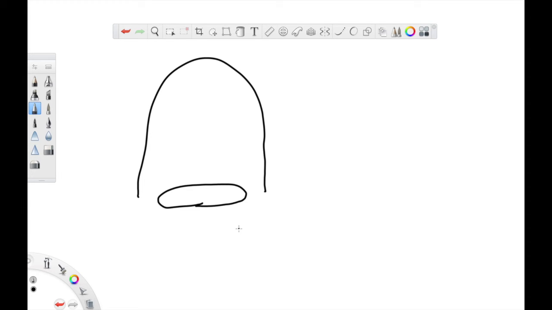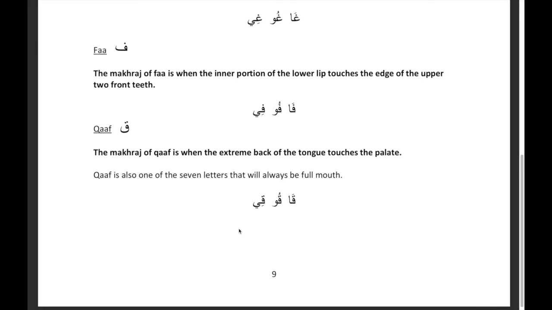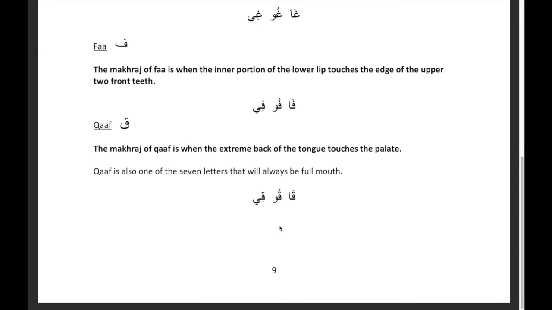This is the extreme back. So to pronounce it, try to put some pressure on it as well. Qa, qu, qi. And since Qaf is also one of the 7 letters that is full mouth, make sure you raise your tongue as well. Qa, qu, qi.